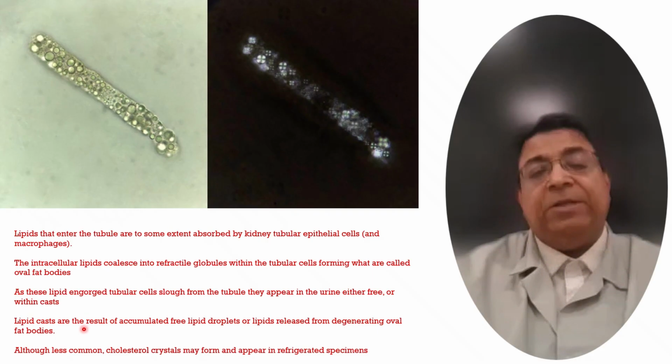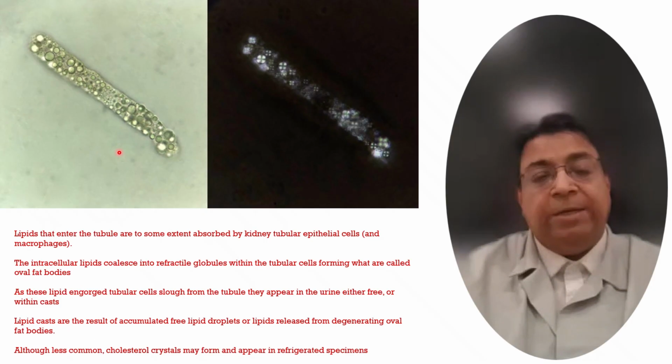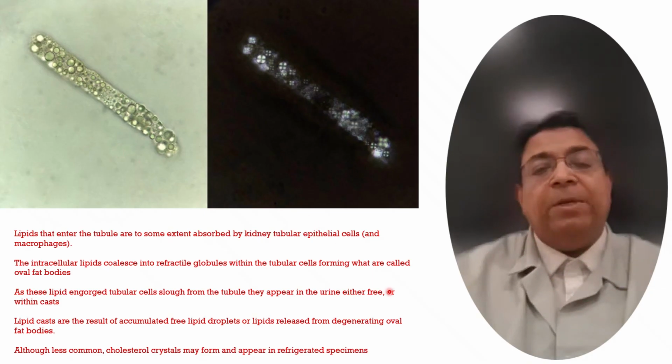Lipid casts are the result of accumulated free lipid droplets or lipids released from degenerating oval fat bodies, which is what you see here. Although less common, cholesterol crystals may form and appear in refrigerated specimens.